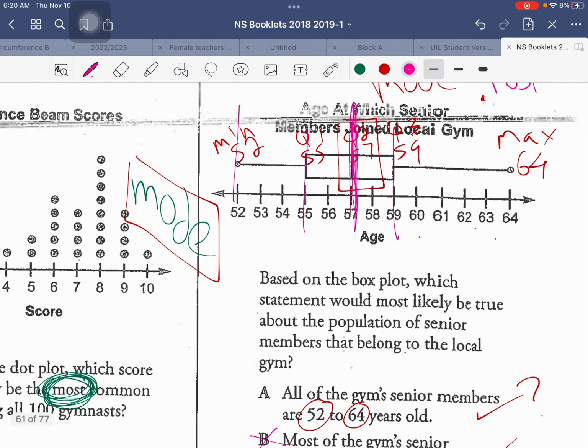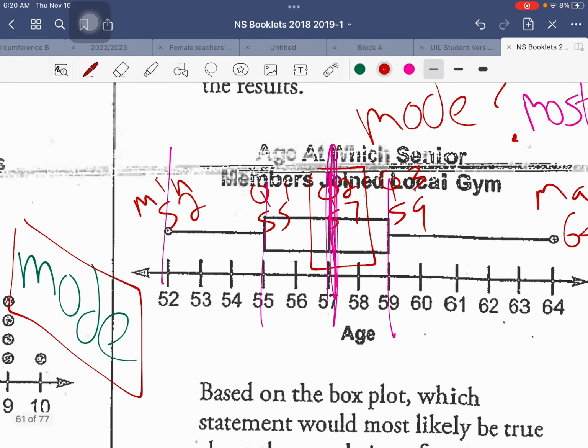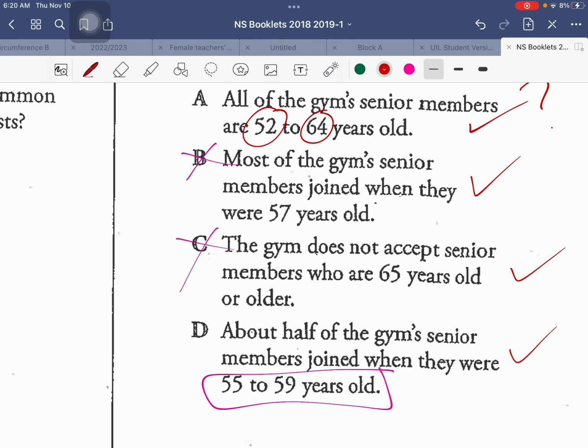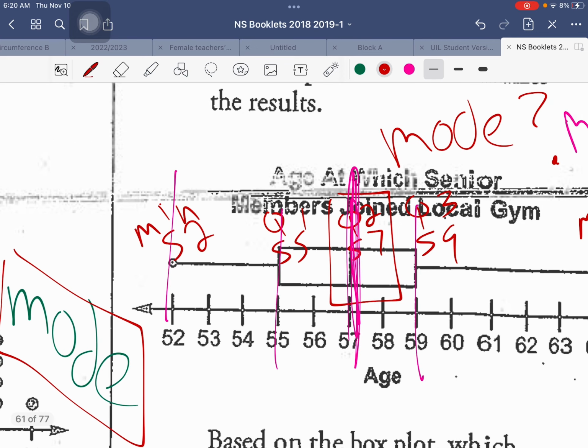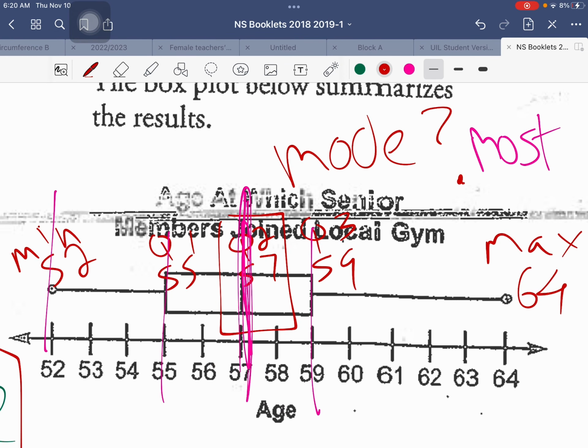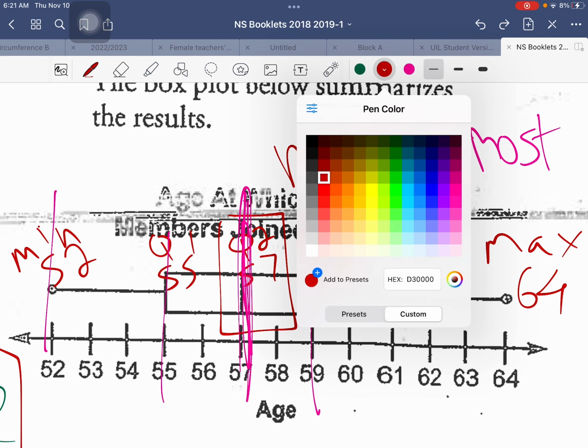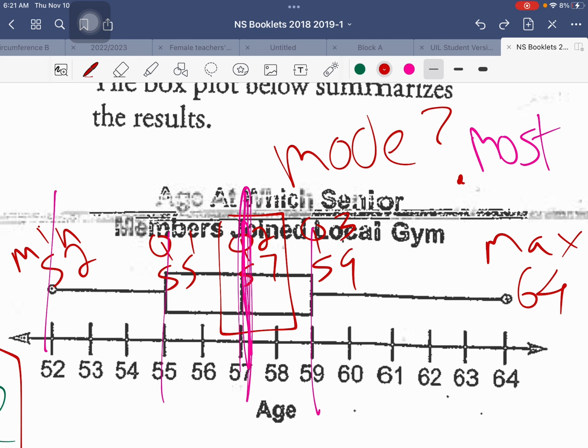But here's the thing. This one's the one that's true. D. Because all of this represents 25%. From the minimum to Q1 is 25%.